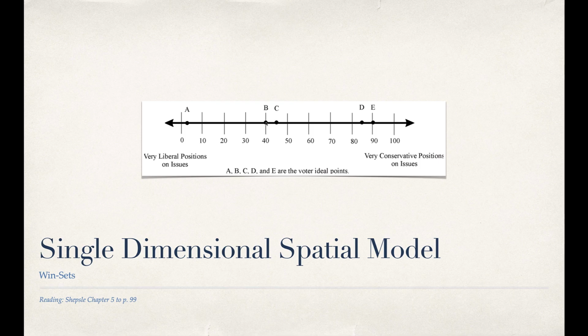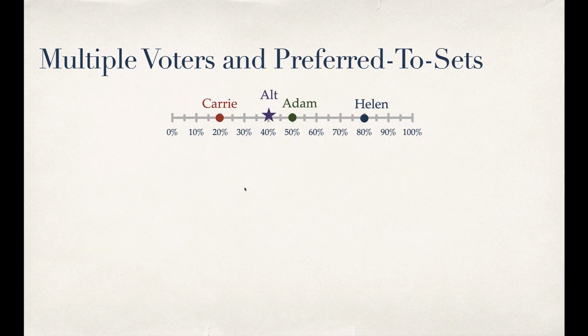And we said is, because we're assuming single-peaked and symmetric utility, their preferred 2 set of 50 is everything between 40 and right up to 50, and everything between 40 and right up to 30. So the preferred 2 set of person B for the alternative 50 would be everything between 30 and 50 non-inclusive. So that's for an individual.